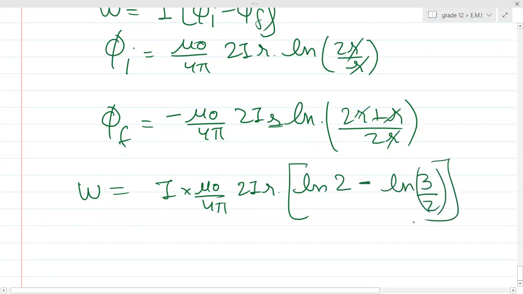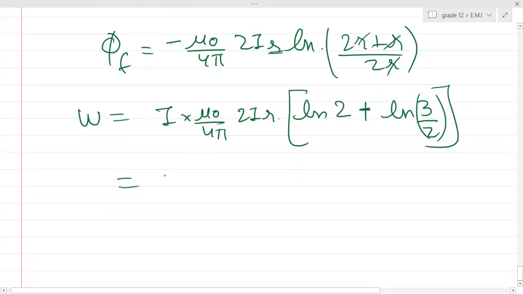Yes or no, guys? So plus ln of 3, right? Sorry, minus of this. That's phi I minus phi f. But phi f was already negative, so minus of minus will become plus. So I think now it is doable, right?